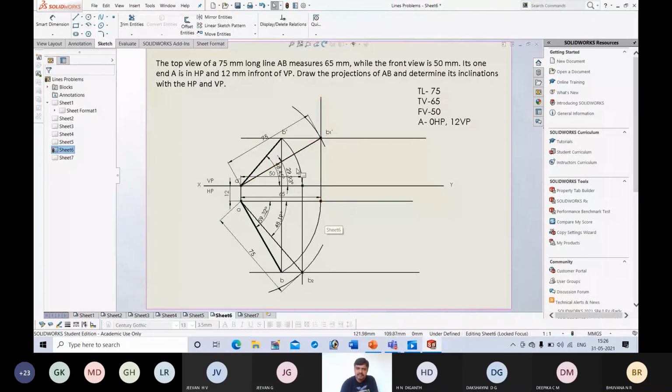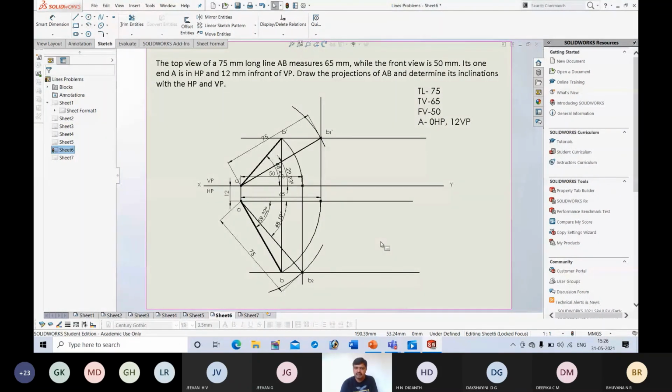Again, here also you can see this is the front view. You are rotating front view to some extent so that it will become parallel to a plane of projection, that is this. Then you are drawing a projector. Okay, then if you connect, you are getting the true length. That means if you rotate a view and if you make that view parallel to plane of projection, on the opposite plane you are getting its true length.